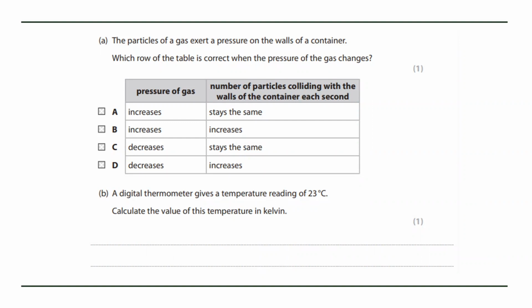That doesn't seem quite right, does it? So increases, also increases. Okay, that seems the right one. Pressure of gas decreases, stays the same. Pressure of gas decreases, and that increases.